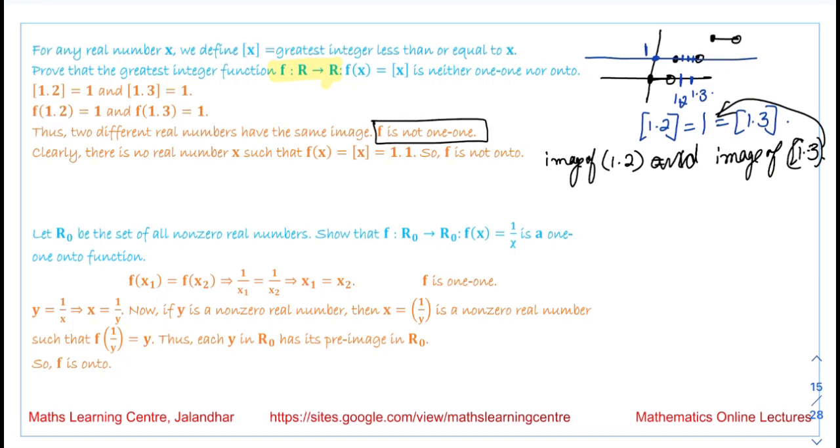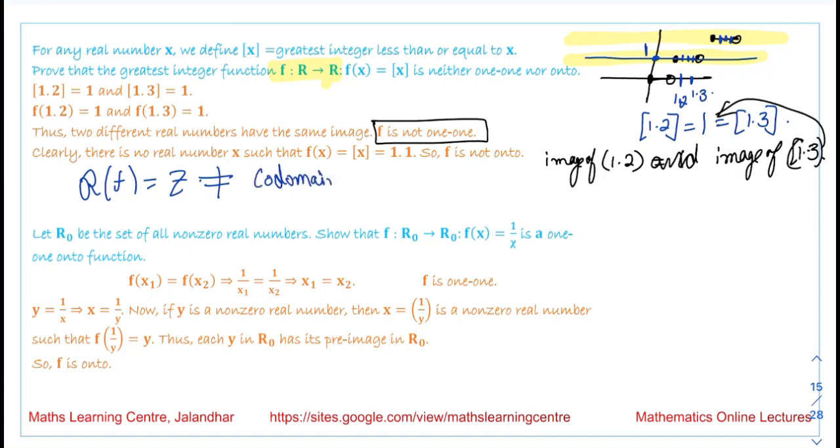This thing is also clear: if we draw a line parallel to the x-axis passing through the point 1, or through the point 2, then we can see that this line intersects the graph of this function at infinitely many points. So this function is not a 1-1 function. Now the second thing: the range of this function is equal to the set of integers, which is not equal to the codomain.